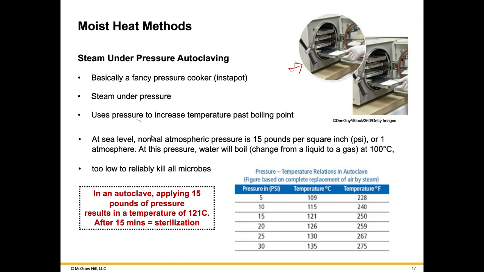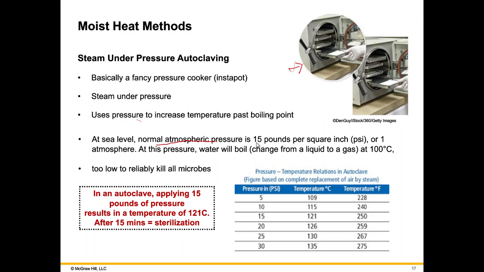And so that is going to make us be able to push past boiling point to even higher temperatures. At sea level, which is where we are, normal atmospheric pressure is about 15 pounds per square inch, or PSI, or you can also say it's 1 atmosphere. At that pressure, water boils at what we know as boiling point, 100 degrees Celsius or 212 degrees Fahrenheit. But that's not high enough to kill all microbes.